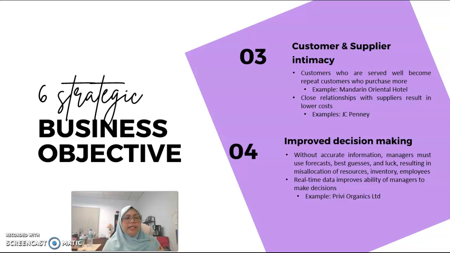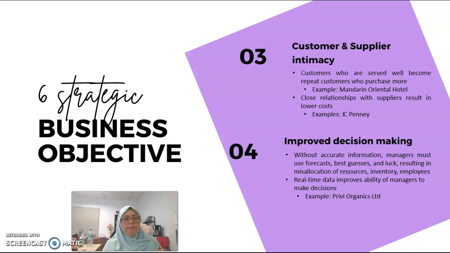And beyond the customer, they must also have a close relationship with the supplier, resulting in lower cost. For example, we have JC Penney. They use the system to reduce inventory cost and to ensure that what customers want is actually on the shelf. So this is customer and supplier intimacy.